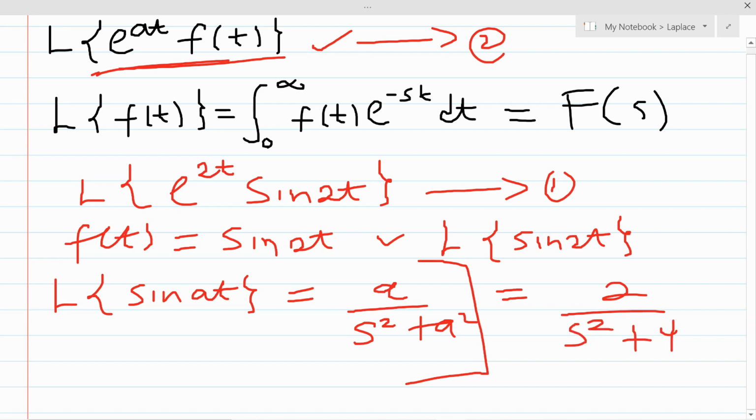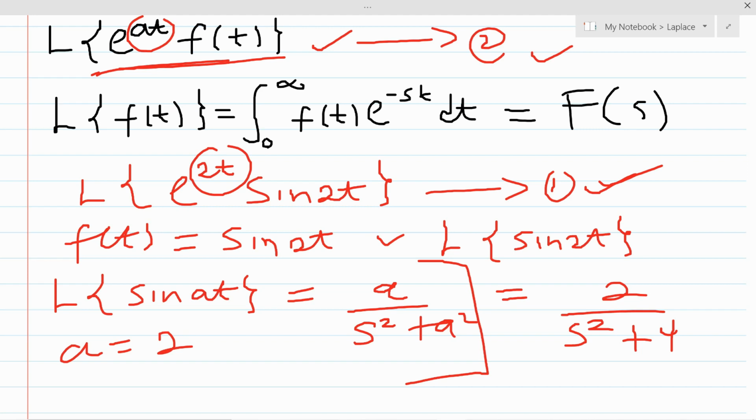So after finding the Laplace of our f of t, we determine our a from the question given. Comparing this one and this one, you see that e to the power at is here, and here is e to the power 2t. So our a will be equal to 2.